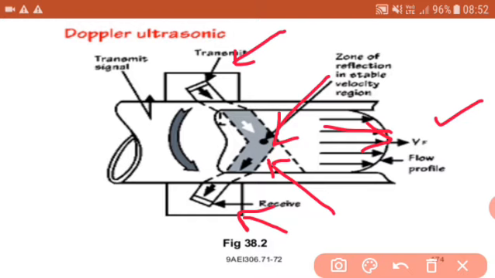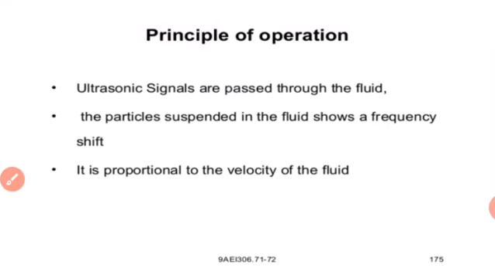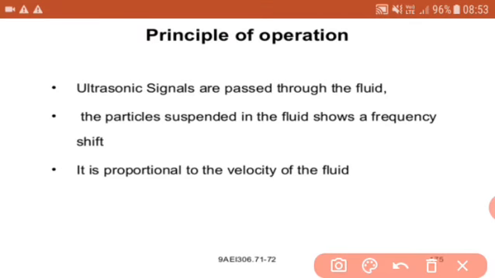Now let us see how it works. First we will see the principle of operation. Ultrasonic signals are passed through the fluid. Whenever ultrasonic signals are passed through the fluid, what will happen?